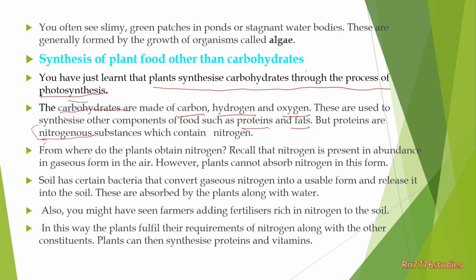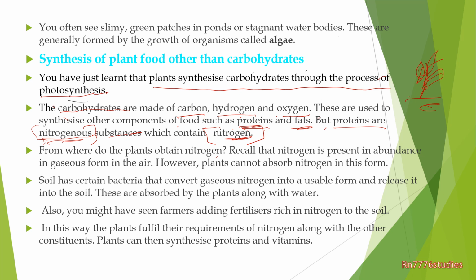Nitrogenous is basically that which contains nitrogen. Now the question arises: from where do the plants obtain nitrogen? Let us see from where.